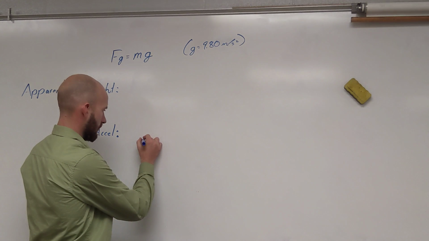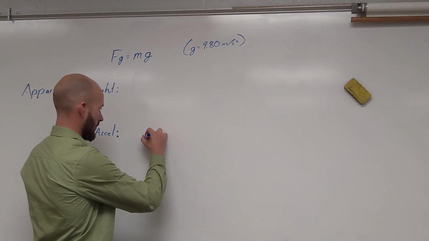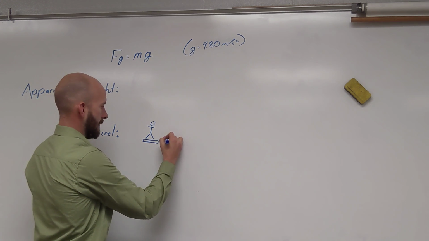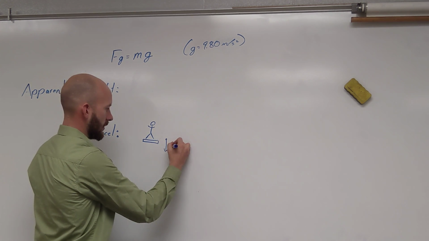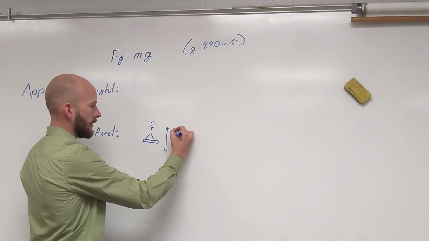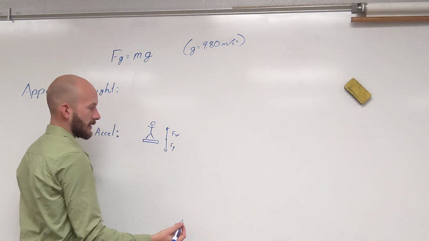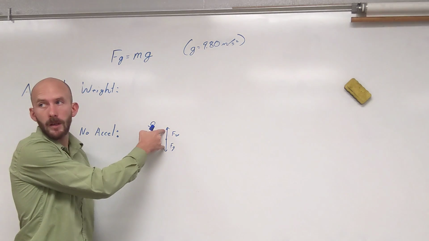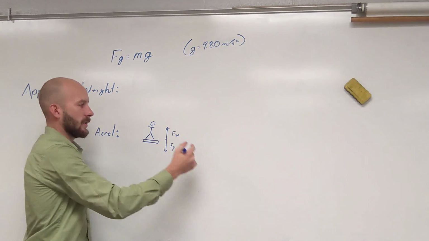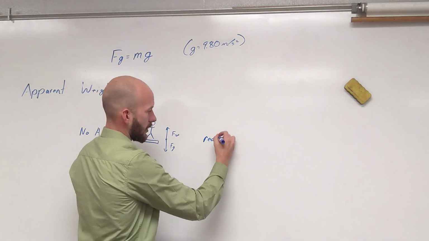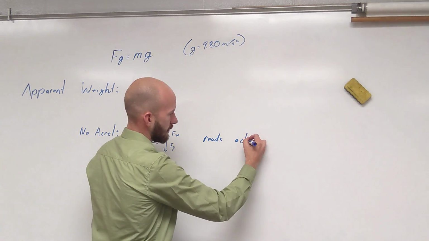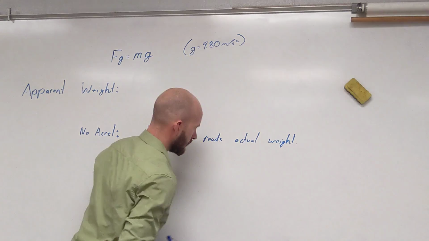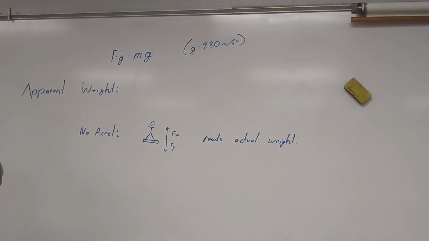So if you imagine, here's the scales and my little stick person. You have their weight acting downward, the spring force acting upward. So notice these two are going to be equal, right? So it reads your actual weight. Does that make sense?